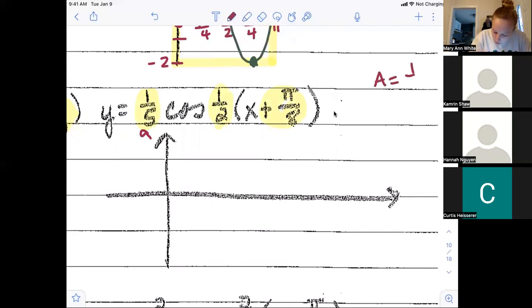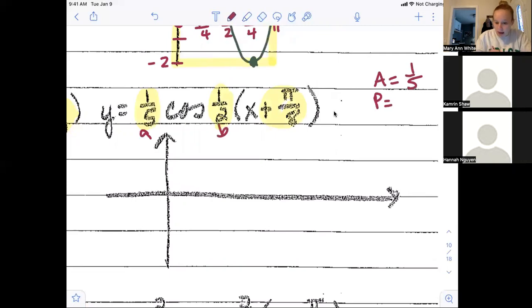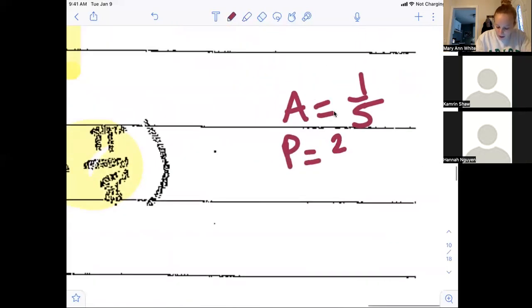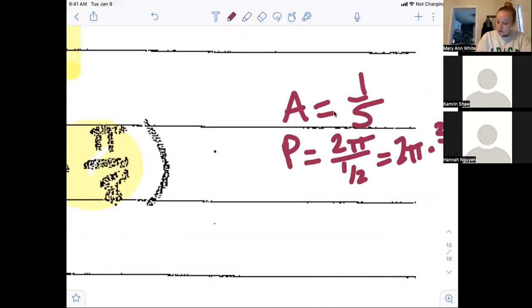A equals 1/5. So my amplitude is not 1 and -1. It's now kind of crunched into 1/5 and -1/5. My period is not just 2 pi, it's going to be 2 pi divided by 1/2. As we've been doing with dividing by fractions, that's the same thing as 2 pi times the reciprocal, which is 2.